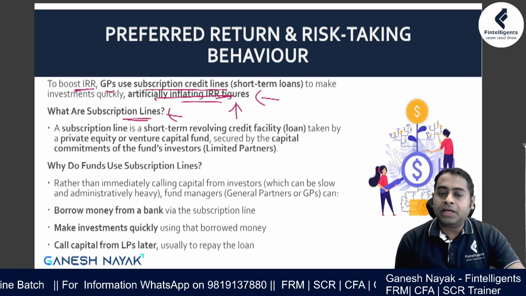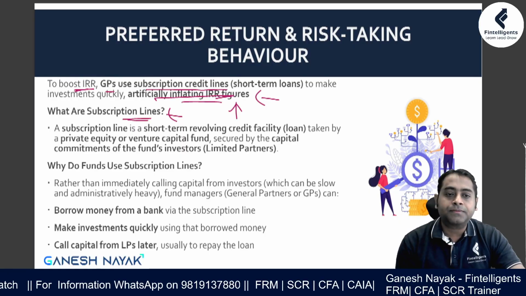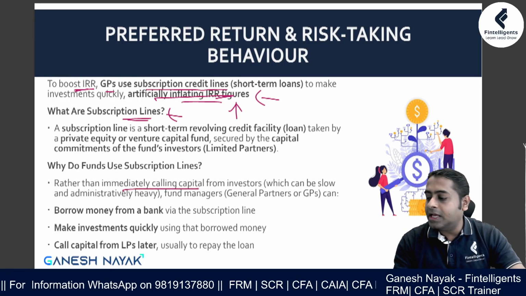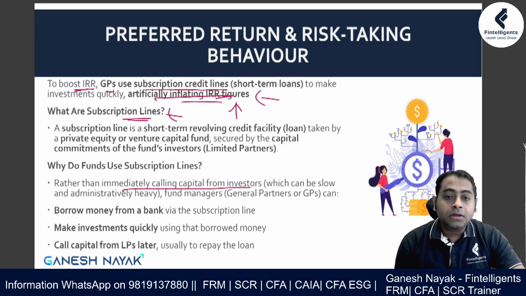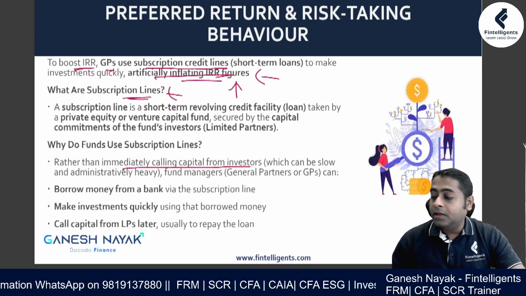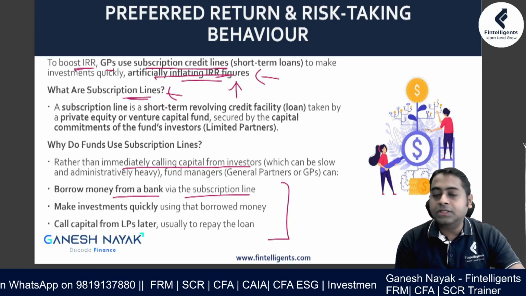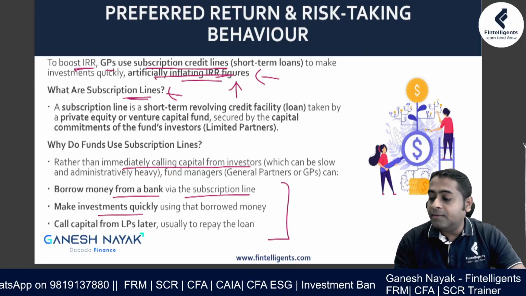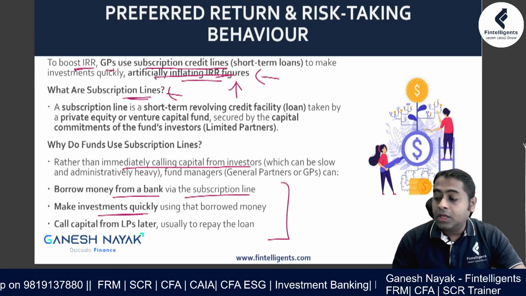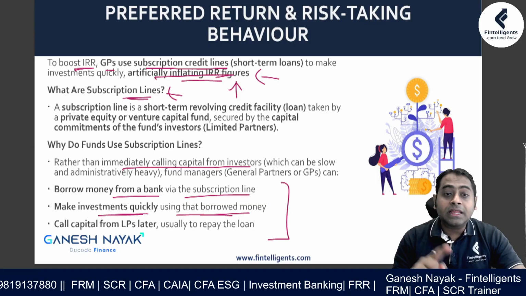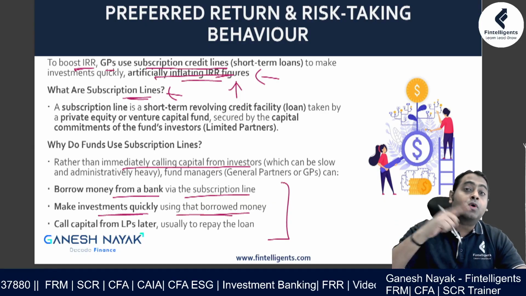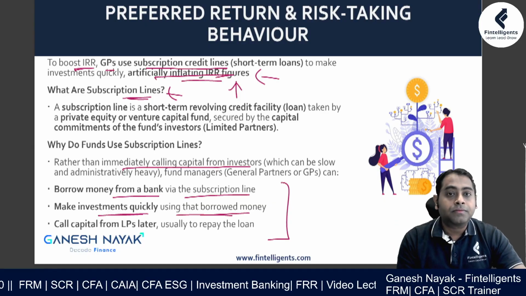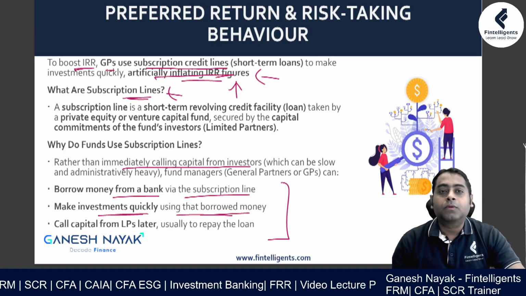I have the subscription line of credit. Let me withdraw that money and invest. So rather than immediately calling capital from the investor, the fund manager can borrow money from the bank using the subscription line, make the investment quickly using that borrowed money, and then call the money from the LP later to repay the loan taken from the bank.